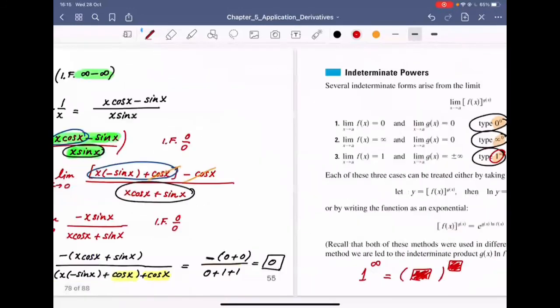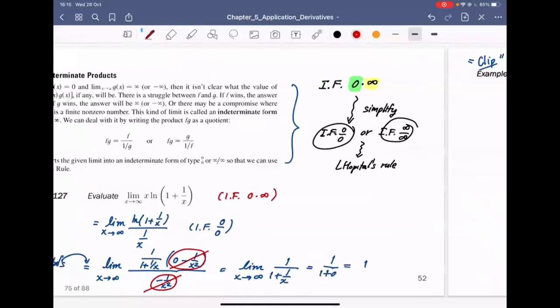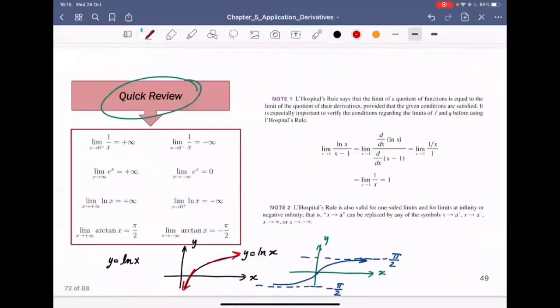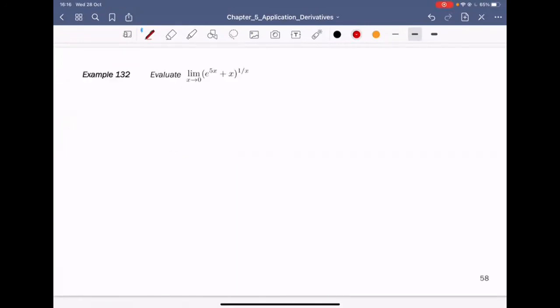Because log x, where x goes to 0 plus, is negative infinity, which means log of 0 is negative infinity.